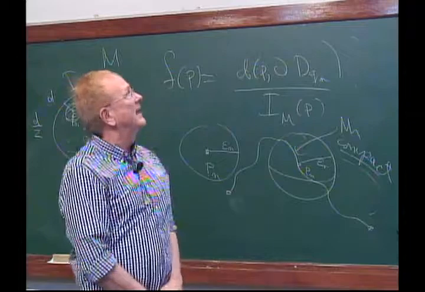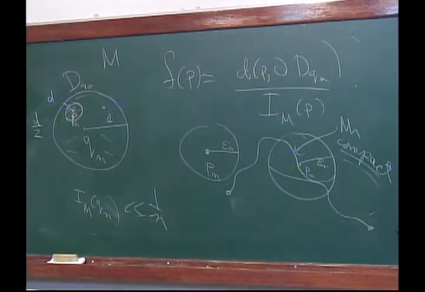The radius I pick is Rn divided by 2, times the injectivity radius at Pn, and we have this property. So all the points in the surface are not too far from the origin.